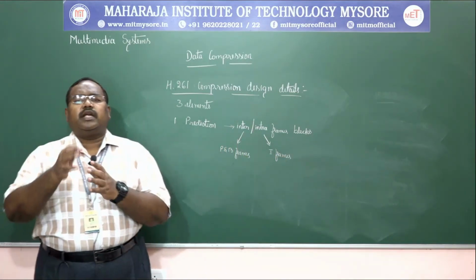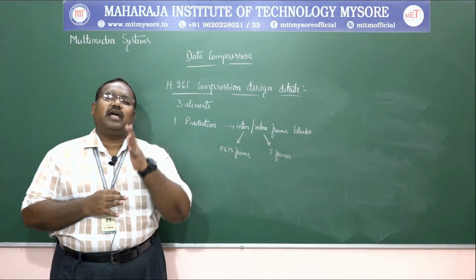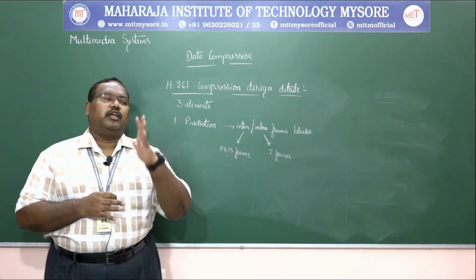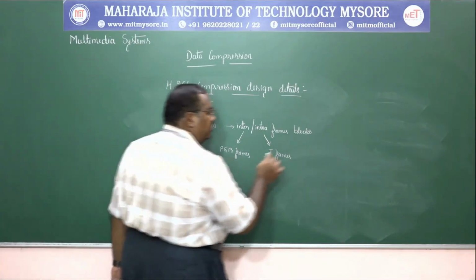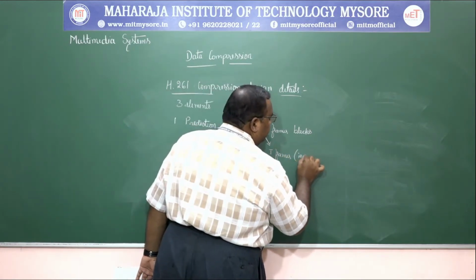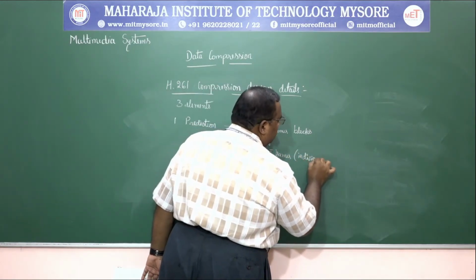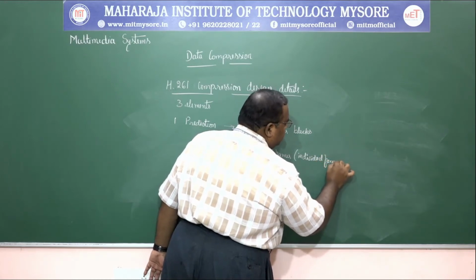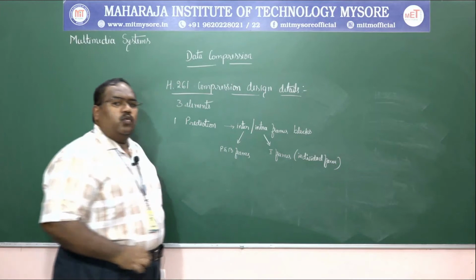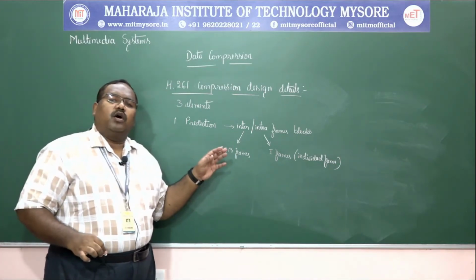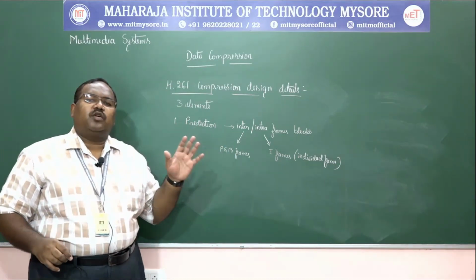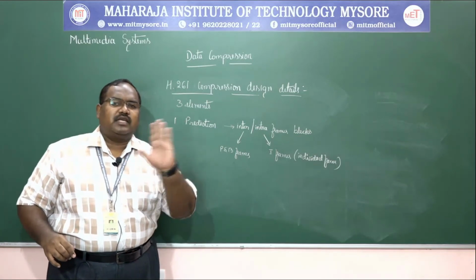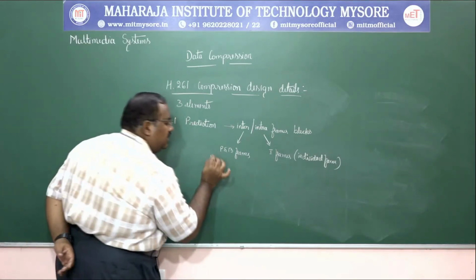When we talk about the intra coded blocks, they stand alone, meaning they are individual. That's why we call them I frames. These are individual frames. Whereas inter coded blocks are totally based on the difference between previous and current frames.